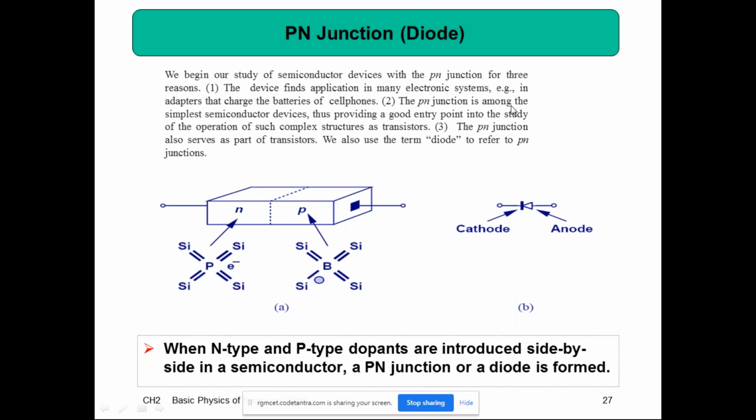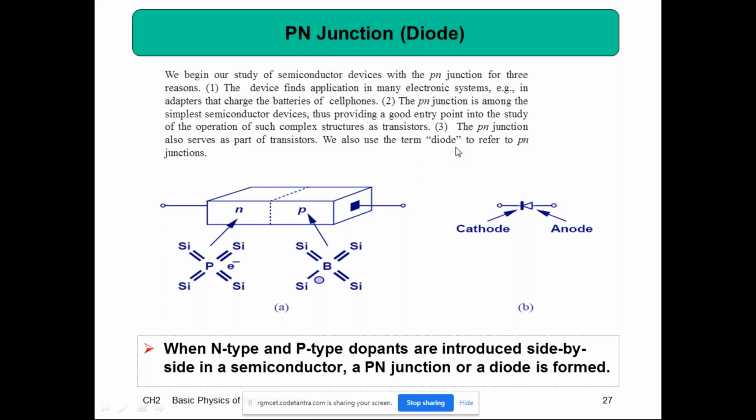And the third one is that the PN junction also serves as a part of transistors. Right? To analyze the transistors also we require the PN junction operation analysis.